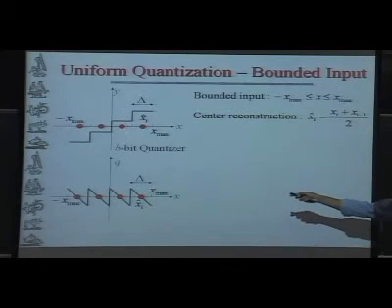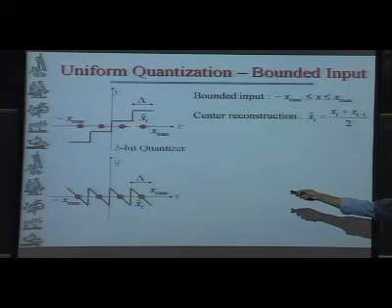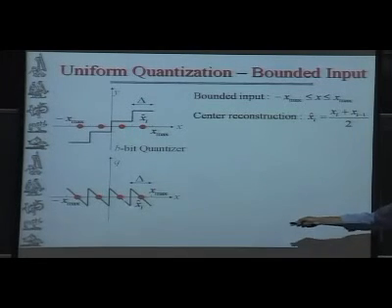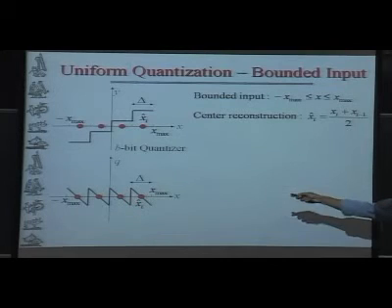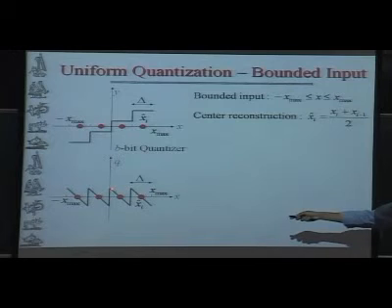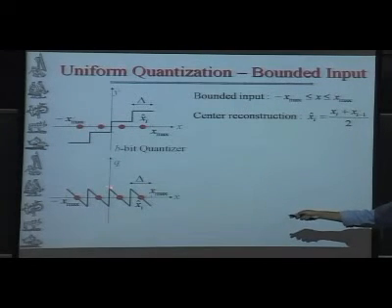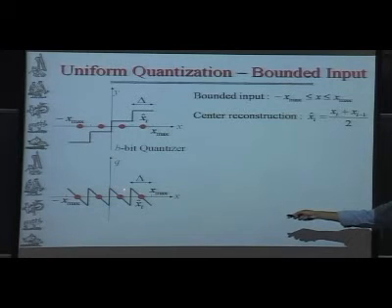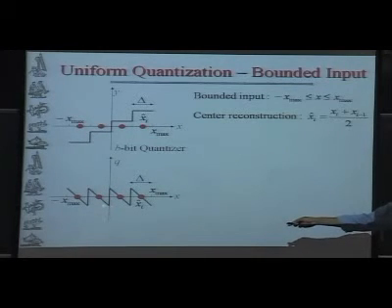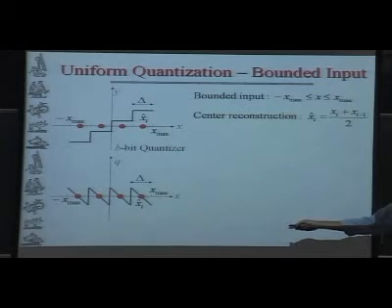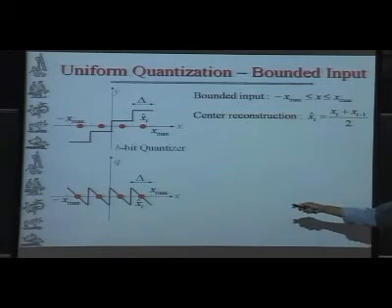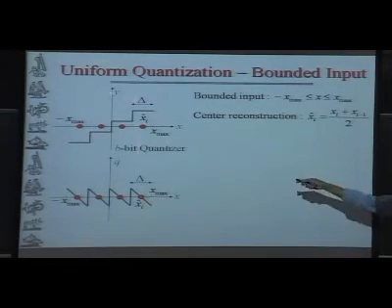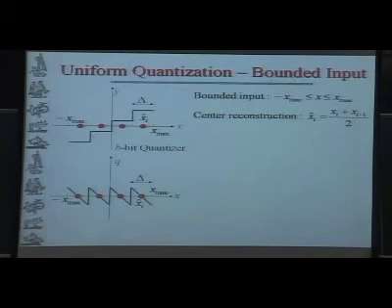If I happen to be right here and I get mapped to the red dot, this is how much error I make. And the upper bound here is delta over 2. The lower bound here is negative delta over 2. I figured this out from just x hat minus x.